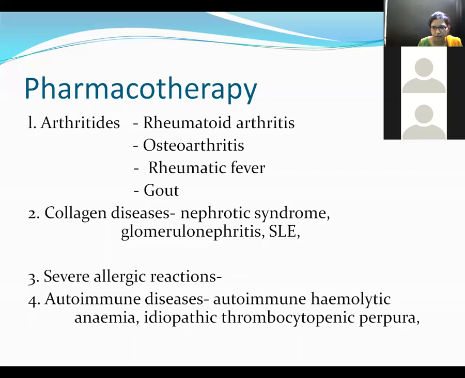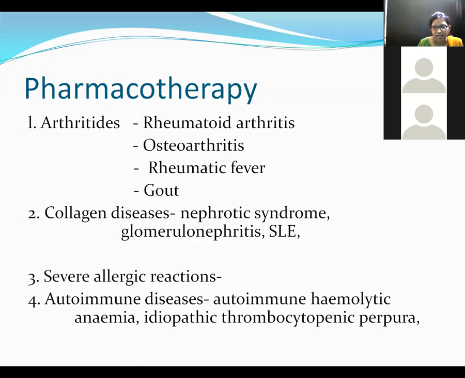So disease manifestations occur, like nephrotic syndrome if collagen tissue in the kidney is targeted. Glomerulonephritis can occur, and systemic lupus erythematosus, a systemic affliction of all collagen tissue. So in such collagen diseases there is immunity against the collagen fibers of the body. To suppress that immunity, glucocorticoids are given.